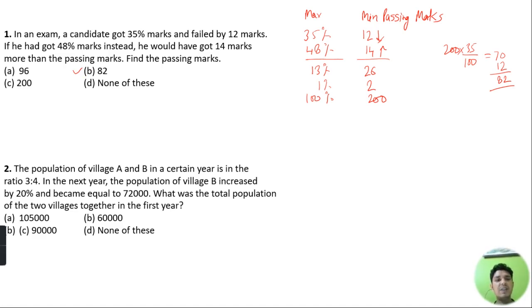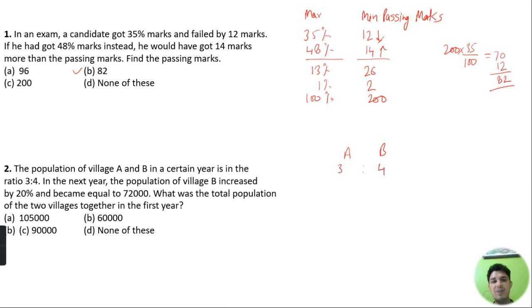The population of village A and B in a certain year is in the ratio 3:4. In the next year, the population of village B increased by 20% and becomes equal to 72,000. What was the total population of the two villages together in the first year? So students, we can write the ratio of the population of the two villages A and B like this.